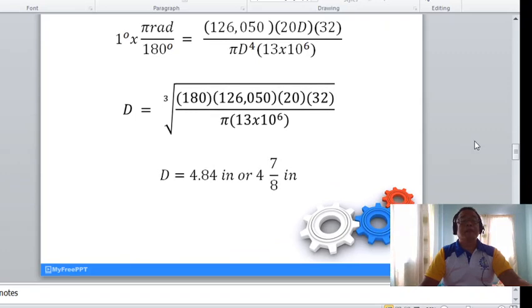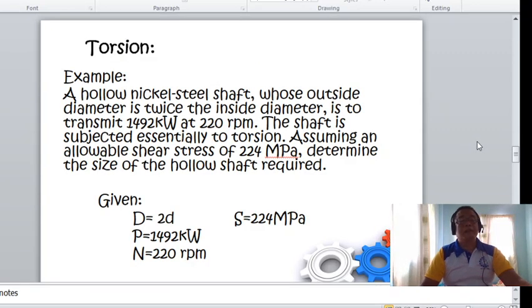Okay? So, another example, class. We have here a hollow nickel steel shaft whose outside diameter is twice the inside diameter, to transmit 1,492 kilowatts at 2,200 RPM. The shaft is subjected essentially to torsion, okay?